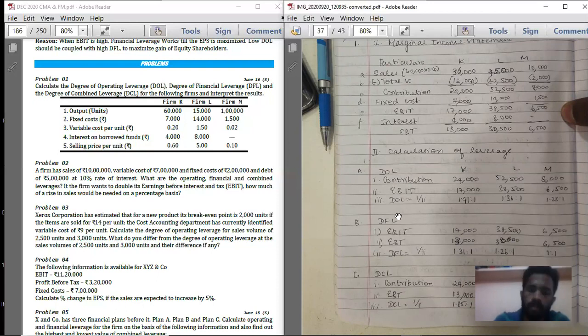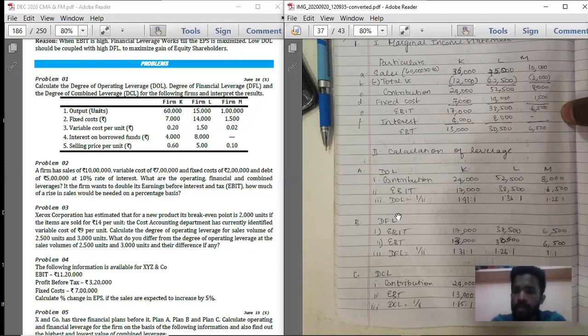Now below that EBIT, small Roman number 3, DOL is equal to, within bracket, small Roman number 1 divided by small Roman number 2. So 24,000 divided by 17,000 is 1.41:1 in respect of K. That is the degree of operating leverage.